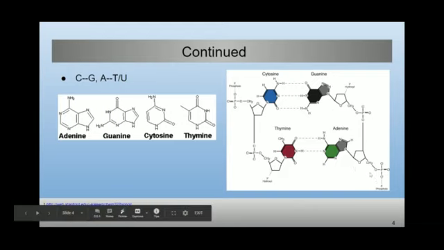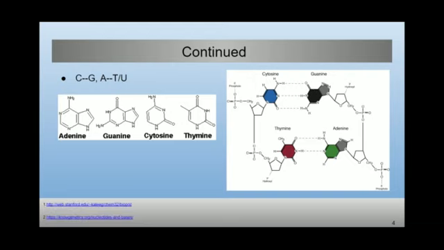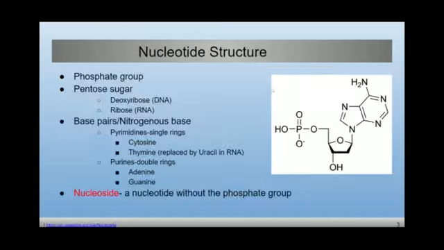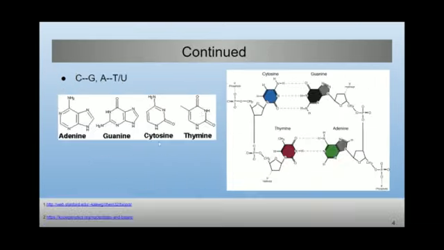You can see a full strand of DNA on one side and then the other side. Guanine, as I said, is always going to be attracted to cytosine. So here's the single ring that we were talking about that characterizes a pyrimidine. And you've got guanine, which is a purine with two rings, a double ring.